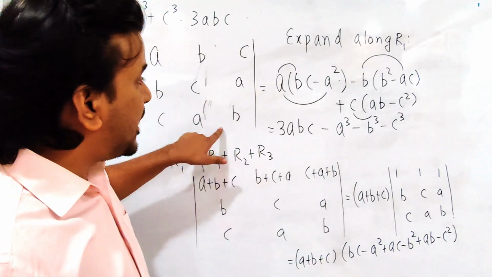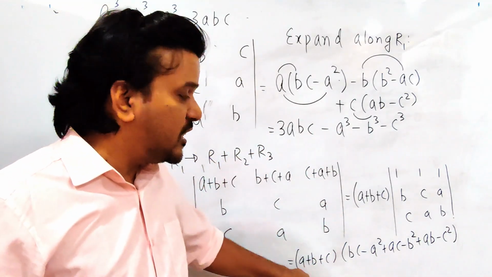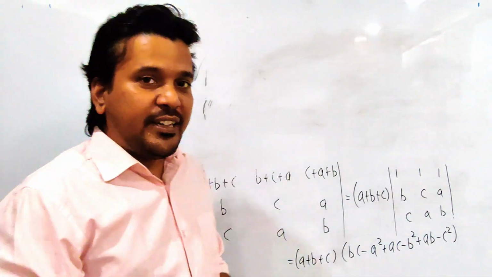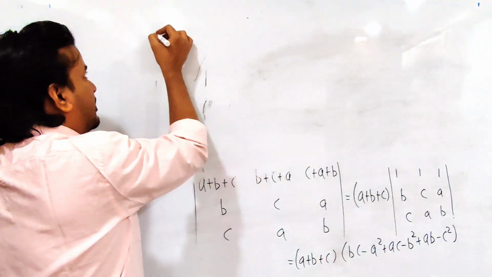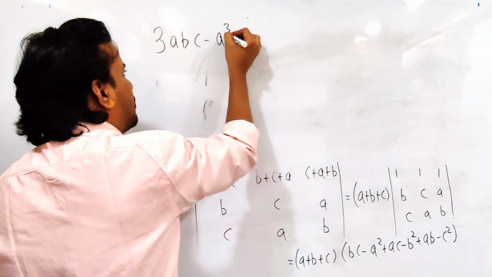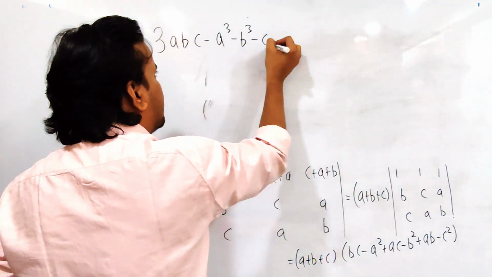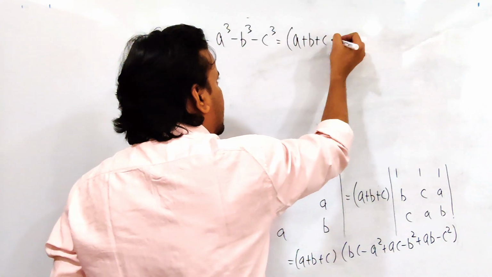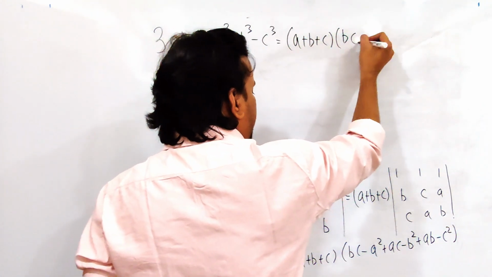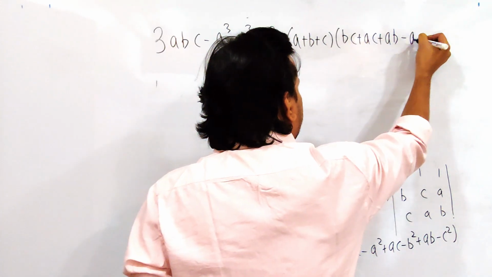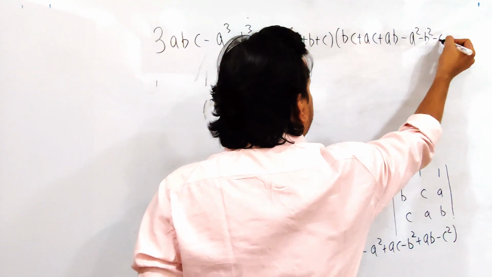Now we have opened the same determinant in this form as well as in this form. So what we can say is these two must be equal. Now we are equating the two and you will get 3ABC minus A cube minus B cube minus C cube is equal to A plus B plus C multiplied by (BC plus AC plus AB minus A square minus B square minus C square).